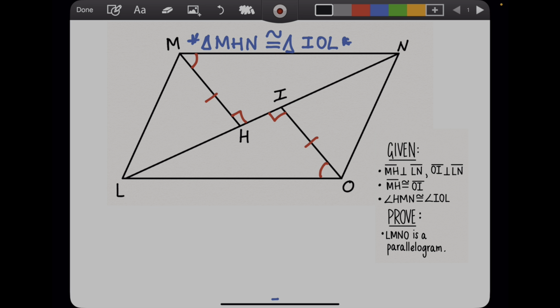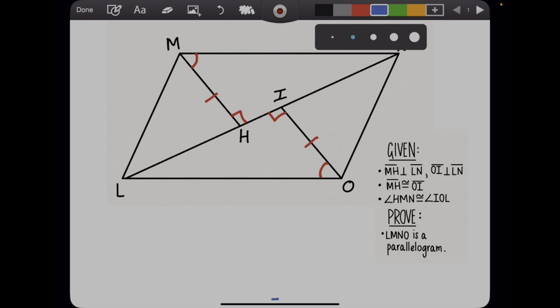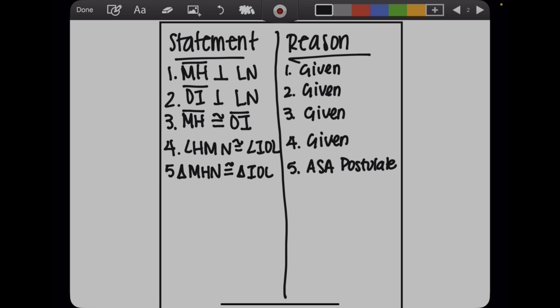Now, we just said that segment MN is congruent to segment OL. So let's write that as well.